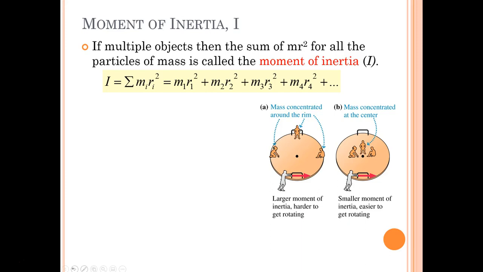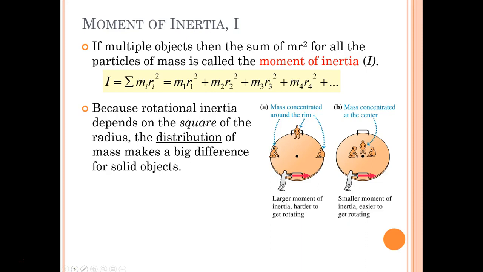So the moment of inertia is all of the different masses combined together, and you're looking at what their total moment of inertia is, whereas the rotational inertia is just looking maybe at just one object. In this case, the moment of inertia is just the sum of all of the individual rotational inertias of that object.